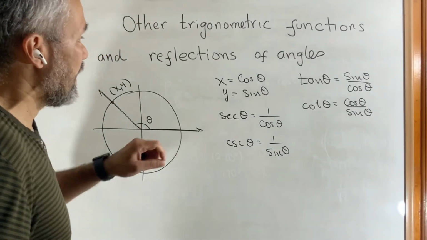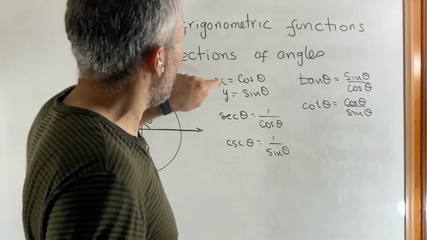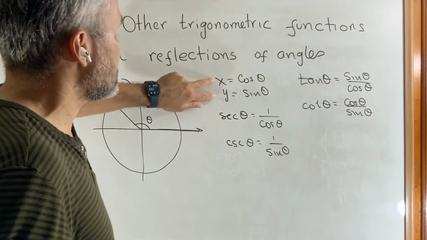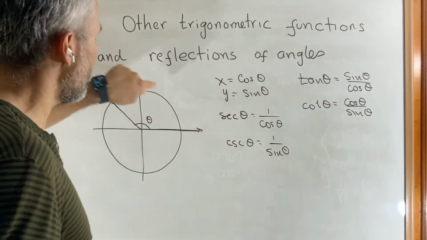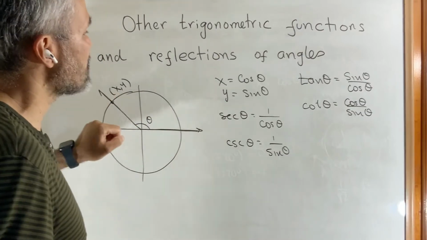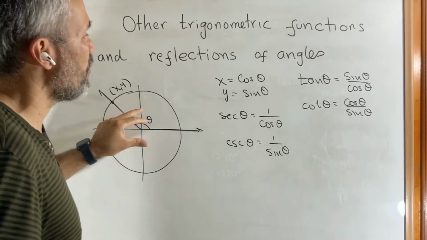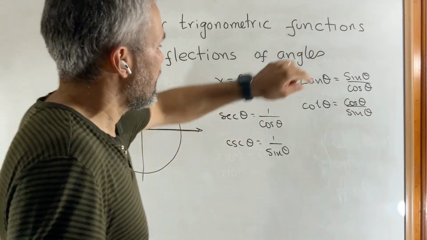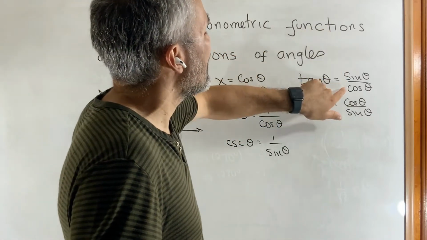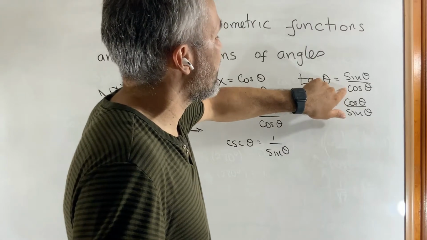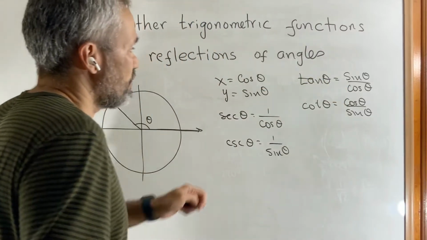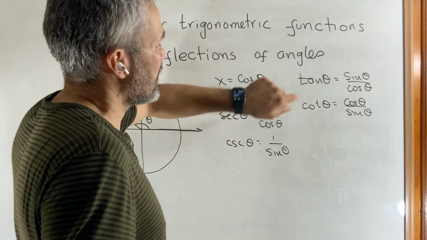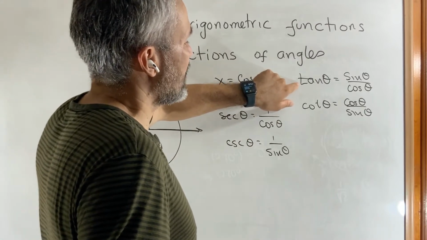Notice that the domain of the functions sine and cosine is all the real numbers. For every angle we can find sine and cosine, but for every angle we cannot find tangent or cotangent. The reason is that in the definition we have a denominator, and that denominator could be 0. For example, what is the domain of tangent of theta?